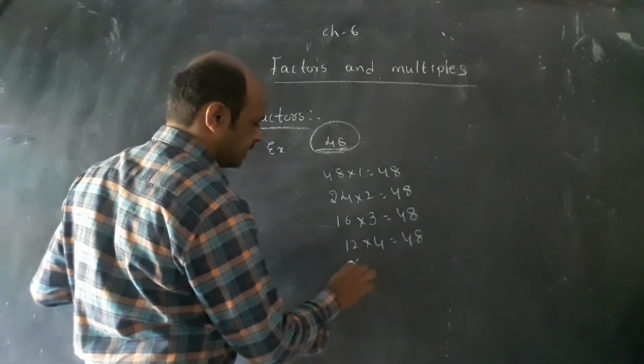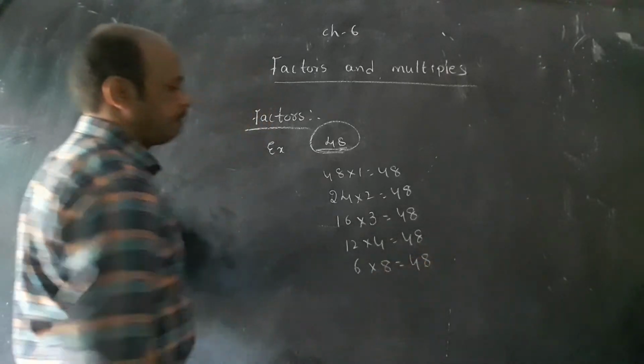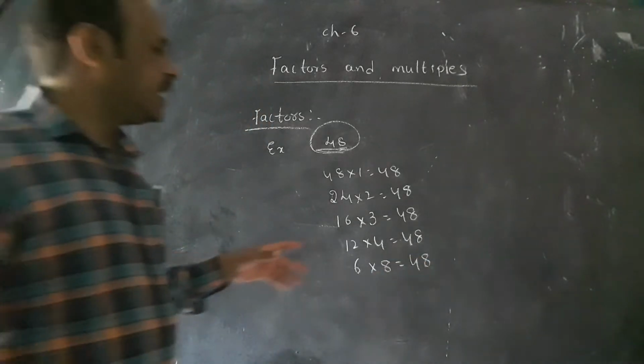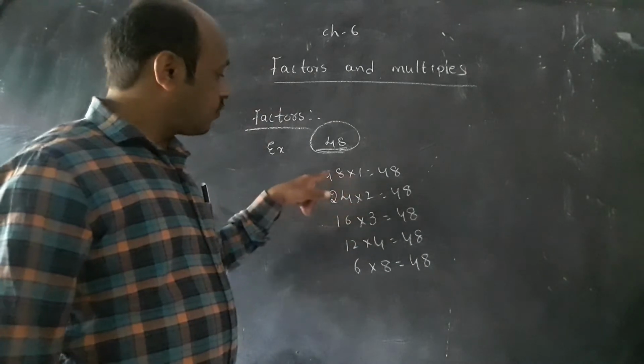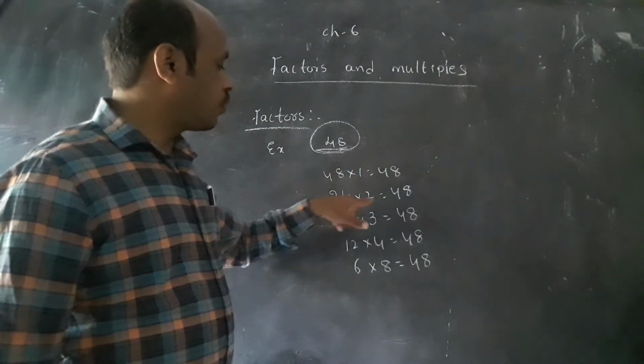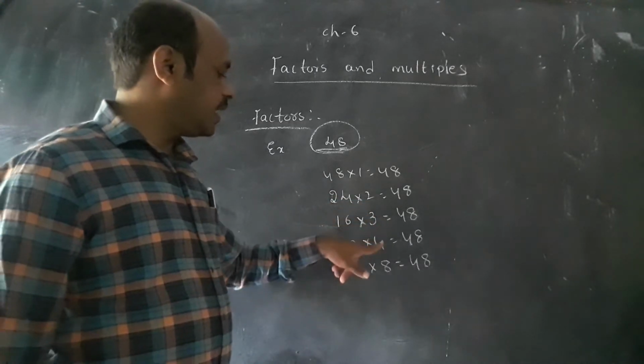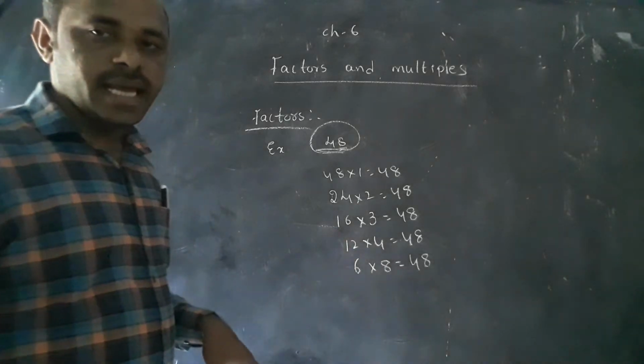Next, 6 8s are 48. See, 48 is divisible by 1 and 48, 24 and 2, 16 and 3, 12 table and 4 table, 6 table and 8 table.